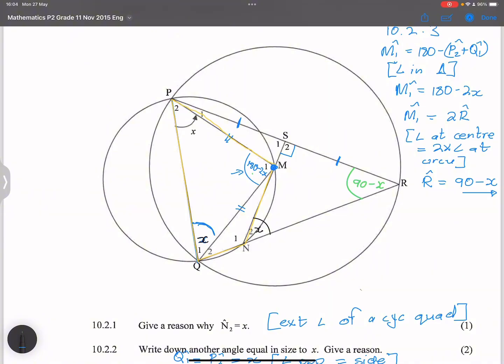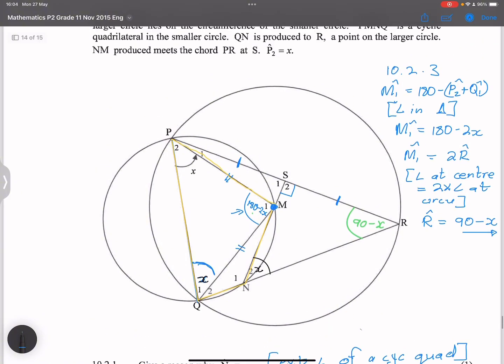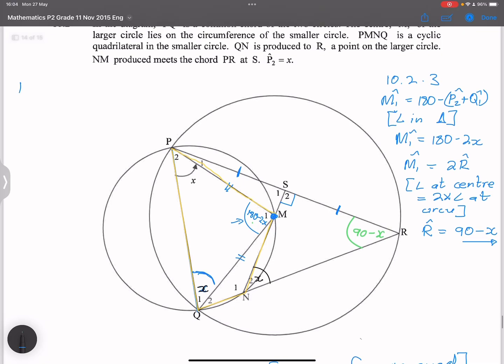So I'm going to simply find the angle S2. Now note, we know this one is 90 minus x. What would be the value of S2?